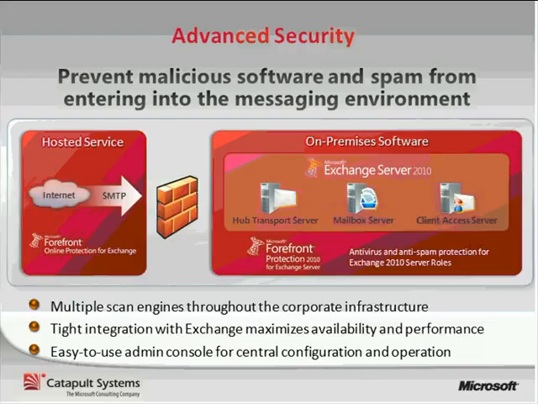The hub transport level with Forefront Protection for Exchange 2010, antivirus and anti-spam protection for the Exchange 2010 server roles, all the way down to the clients who should have similar protection based on them. This is the concept that started getting developed back in Exchange 2000. It's just been expanded and simplified quite a bit.